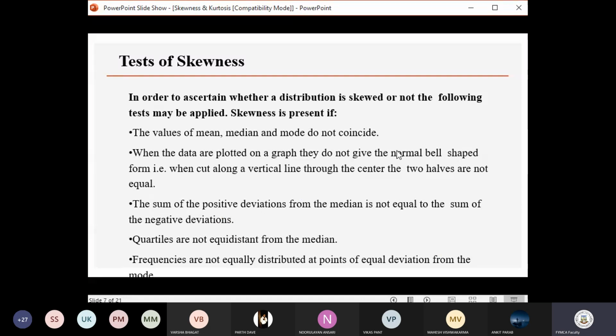We have seen multiple parameters called mean, median, mode. Under mean, median, mode we have also seen the types of mean, types of median, and we have seen quartile, decile, and percentile. So how can we use these parameters to calculate the skewness?